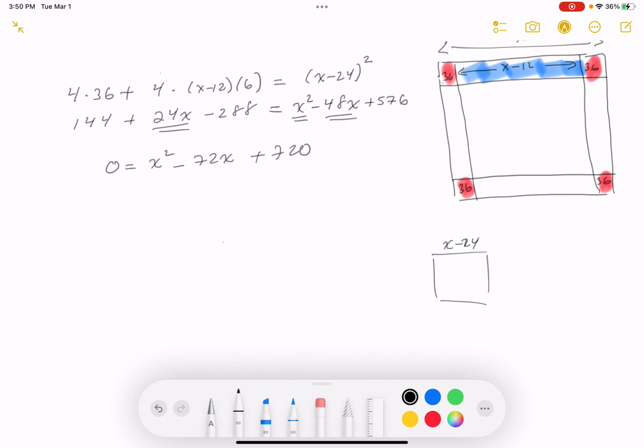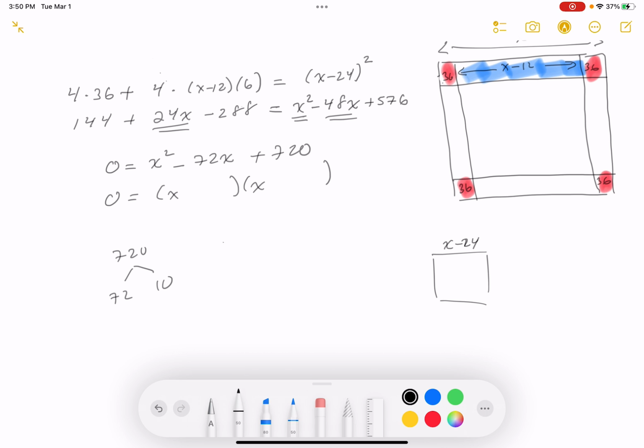And we're going to have to go to town in this one. 0, x squared, x, I'm going to say 72. Let's see, 720, 72, and 10. That might be tougher than I thought. Let's see.